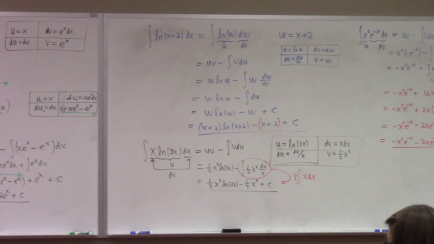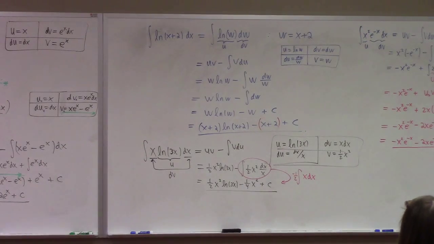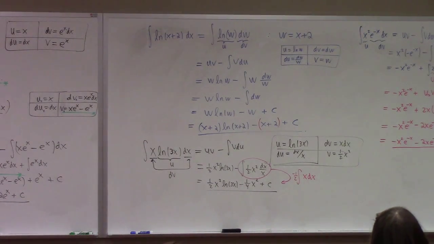I had a question on the problem in blue. You did it a different way and said it was easier. You let w equal x plus 2, and then dx just turned into dw. I don't understand how you can just change dx to dw. Well, dx is equal to dw.